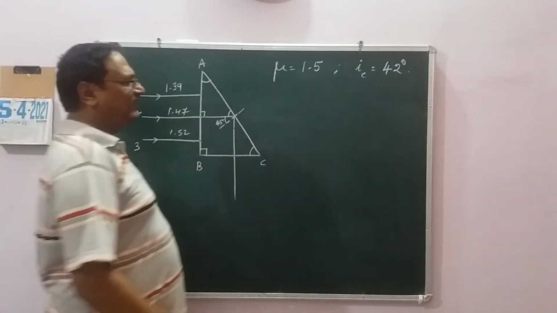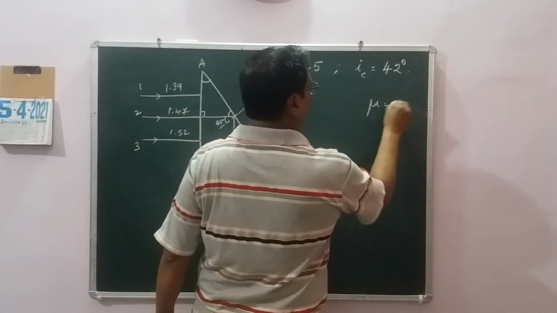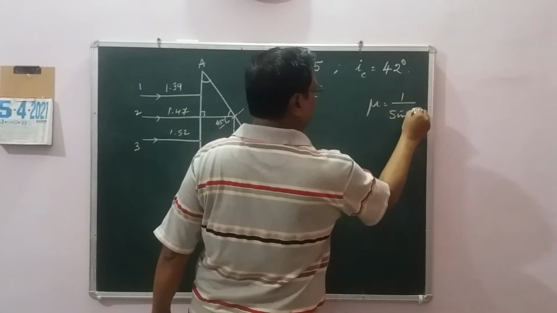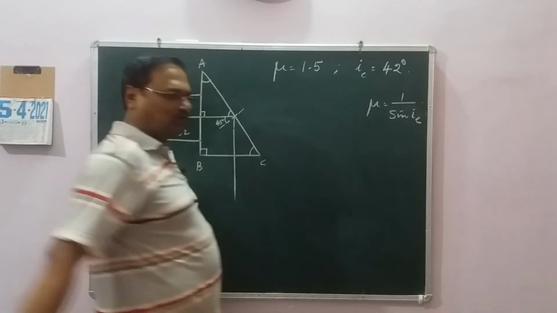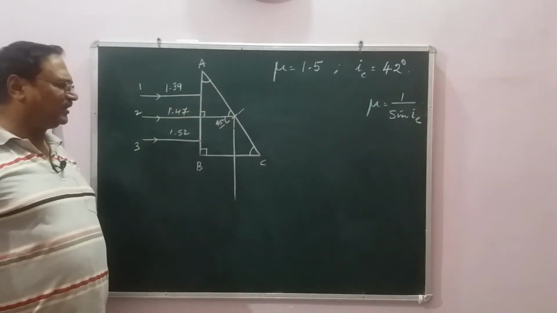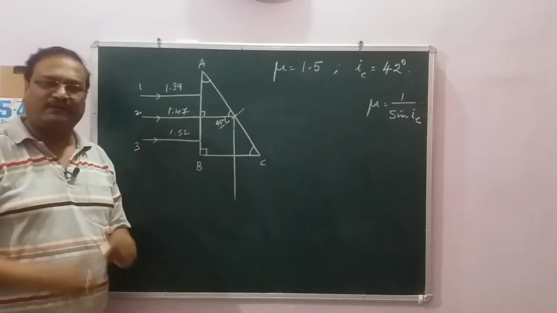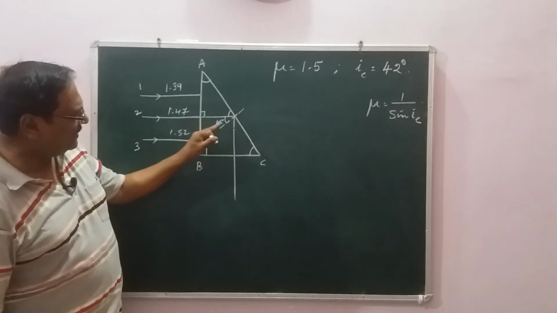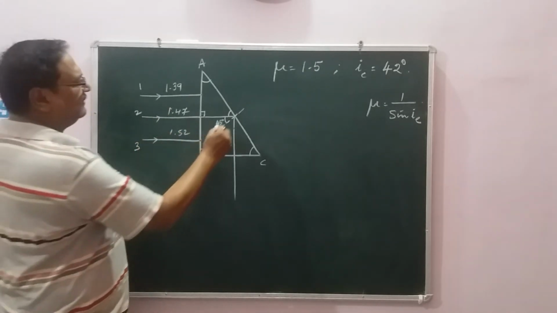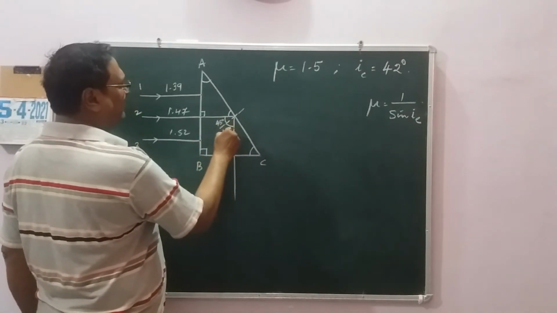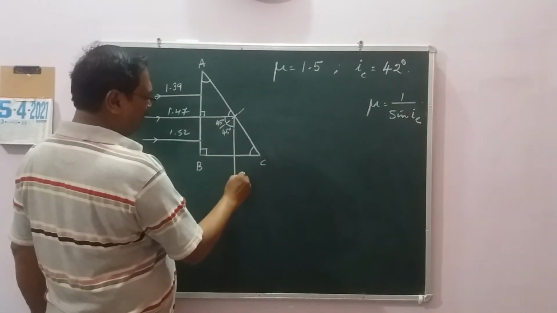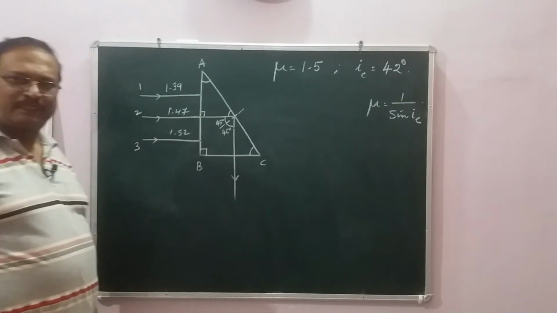We also know that mu is equal to 1 upon sine of the critical angle. Let us say this is a supposition. The angle of incidence is 45 degrees and the reflecting angle also will be 45 degrees. So naturally it is totally internally reflecting.